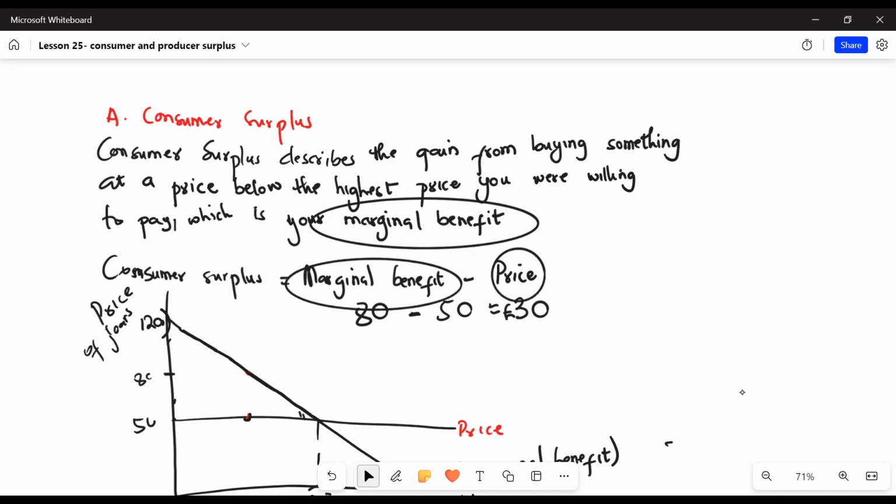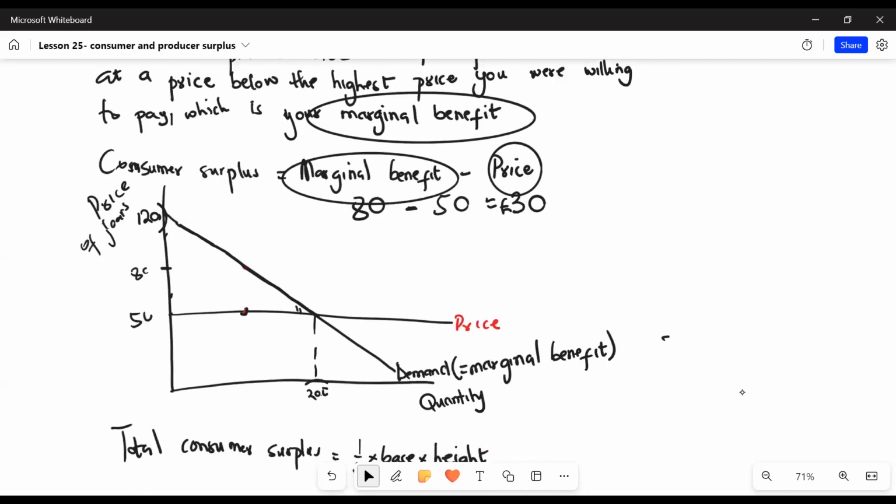However, the total consumer surplus across all buyers is the area under the demand curve above the price. So let's look at this market of jeans to calculate our total consumer surplus. Now we know that your consumer surplus from a particular transaction is just your marginal benefit minus the price.